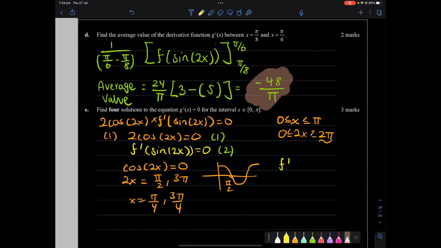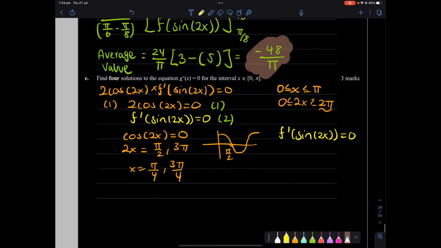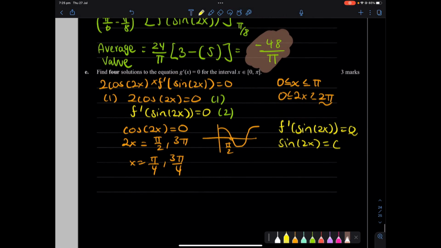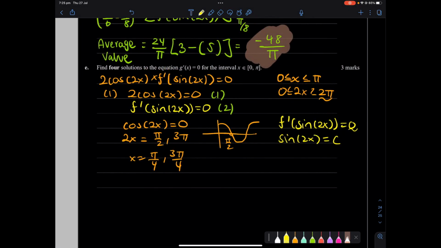If we integrate both sides, it'll be sine 2x equals some constant, some value of c. But what's the answer? So sine 2x.